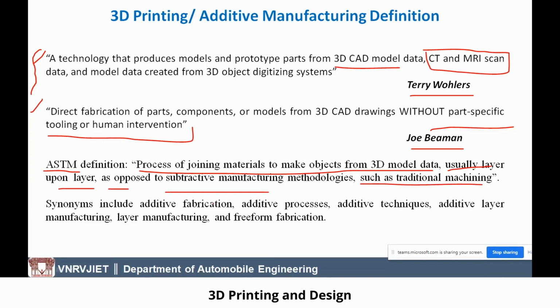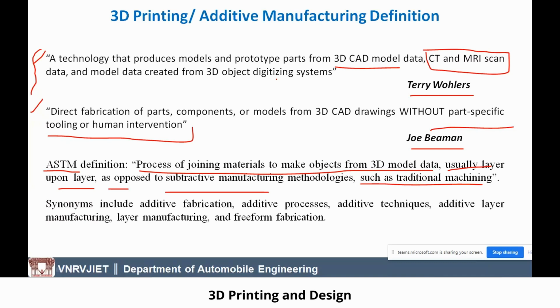That means ASTM defined 3D printing as the process of joining materials to make objects from 3D CAD models by layer-by-layer joining or addition. So those are the different definitions given by different people and organizations.